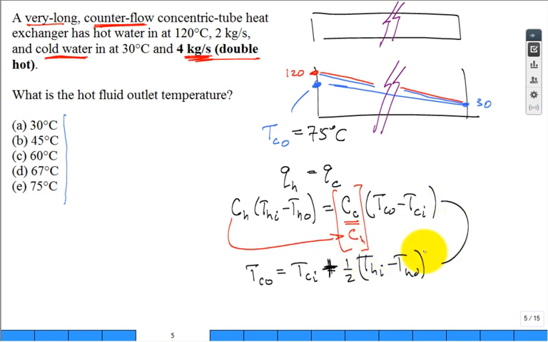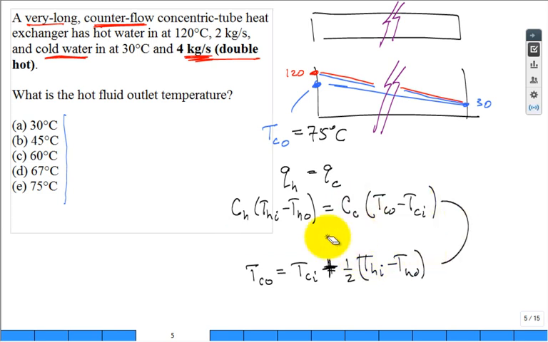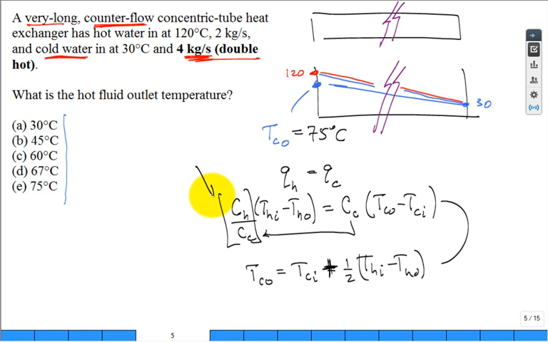I just did the algebra. Bring this over here, C cold. So that ratio is 1/2. I then solve for temperature cold out. Did I do it okay? And then if you plug in the numbers, what do we pick up here? Do you pick up the 75? Very good. Thank you very much for those especially that got it correct.